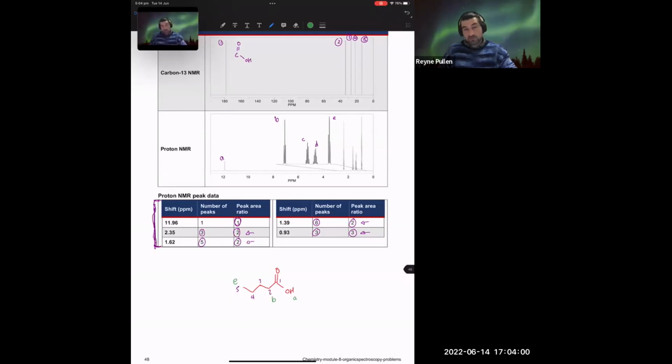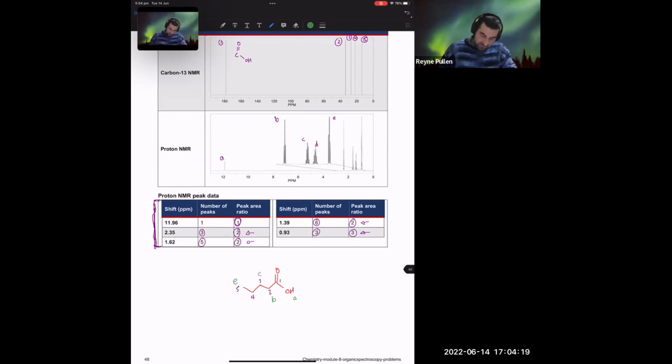I reckon it's going to be carbon environment 2, because it's the closest one to our carboxylic acid, and there's no hydrogens at carbon 1, sorry. And at carbon environment 3, we know there must be 2 hydrogens if we're assuming that it's a straight chain.